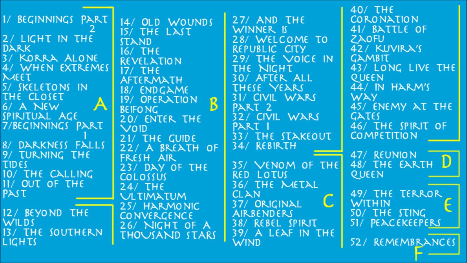If I go back to the tier list to check the grading on this, 65 is the lowest score I would give any episode in the first 46, and that's The Spirit of Competition, which is one of those episodes that I think a lot of people don't particularly appreciate.